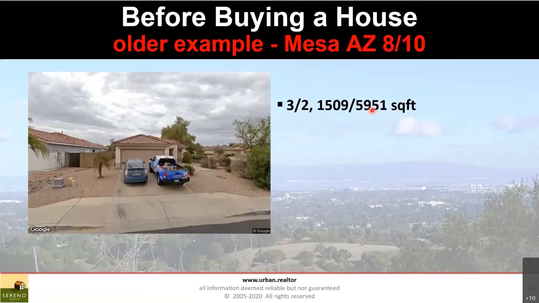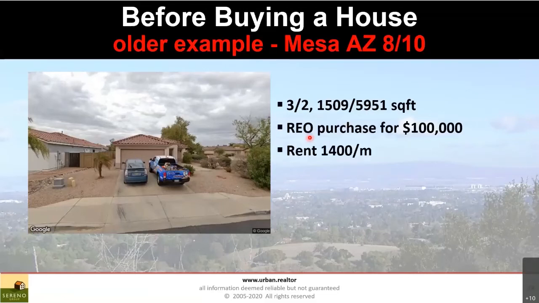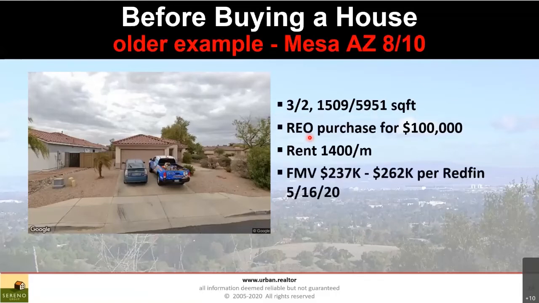It's not as critical as we have here in California. We purchased it as an REO, which is real estate owned, from the bank for $100,000. We're getting about $1,400 a month on it. And the fair market value of this property, as of last month on Redfin, is about $230,000 to $260,000.